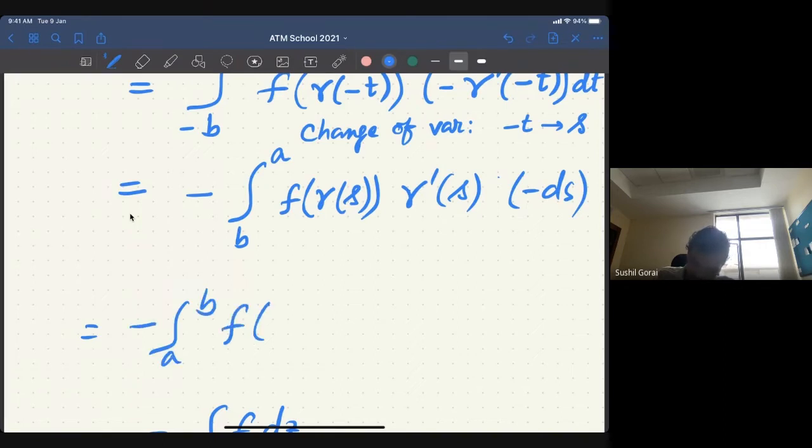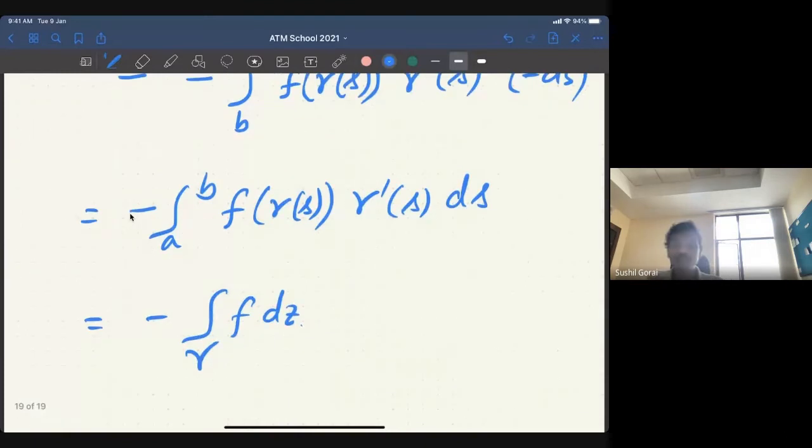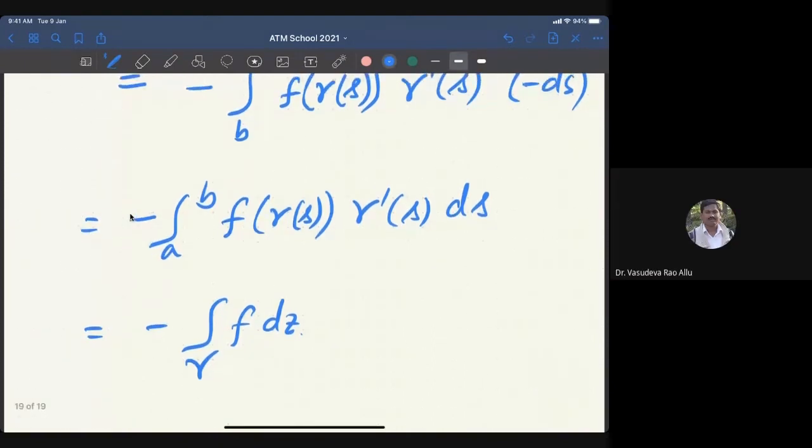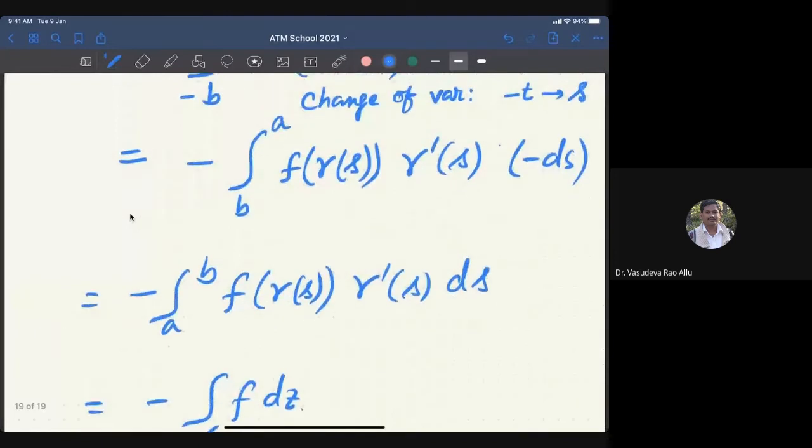So f of gamma s, gamma prime s ds. Is it fine now? Yes, sir, not fine. Okay. And sir, minus I gamma dash. One minus is taken care already. So minus ds is not necessary. ds is fine.